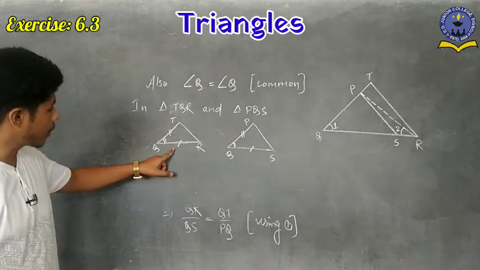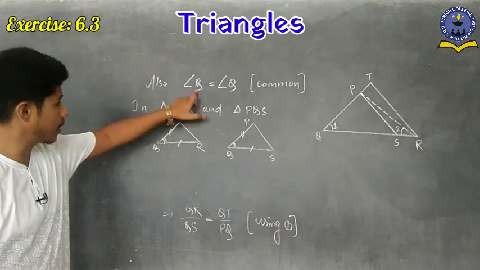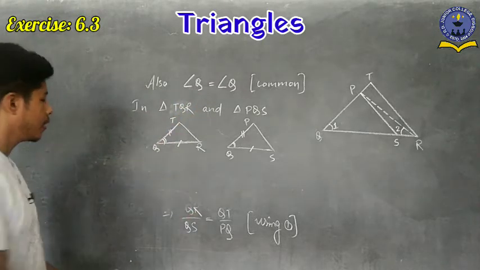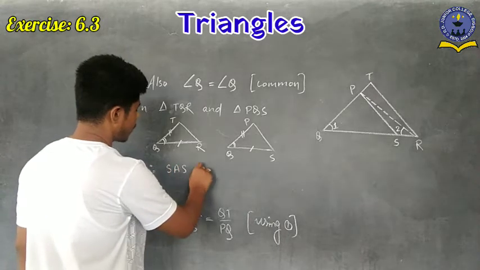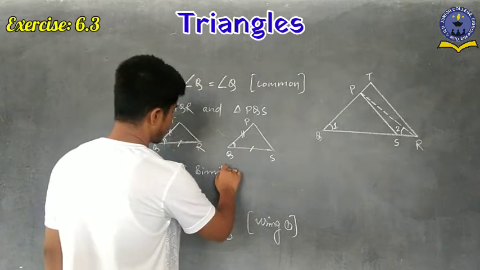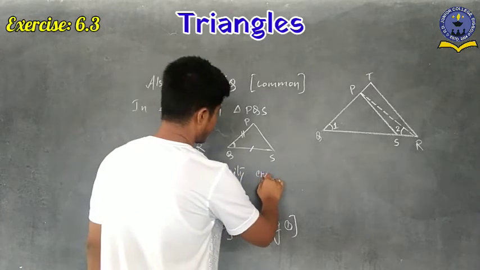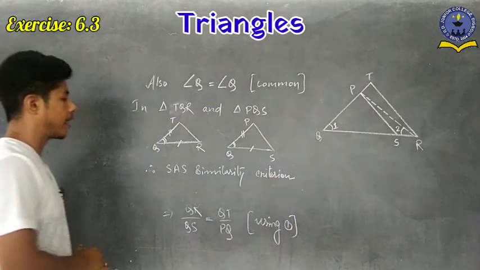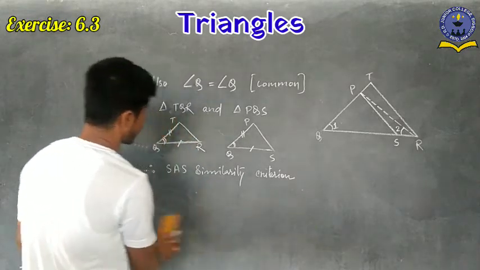So which criteria can we apply here? Side, angle, side. So these two are the ratios and the angle is this one. Is it clear? So therefore by side angle side similarity criterion, easily we can say these two triangles are similar.